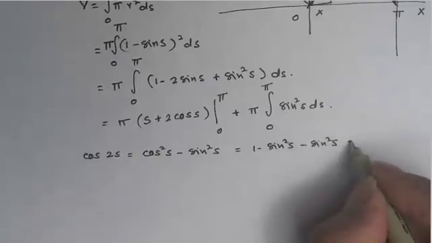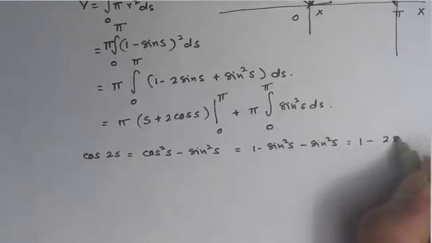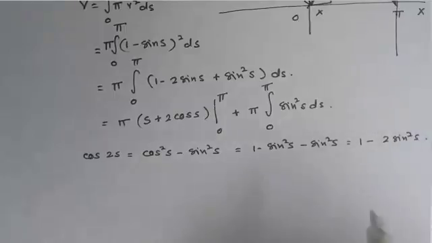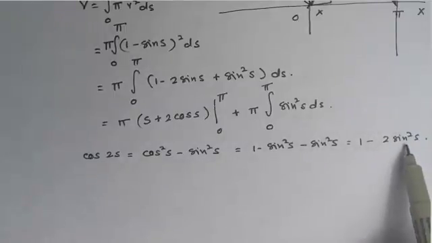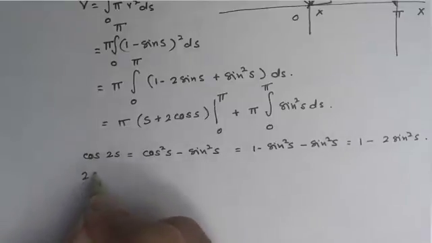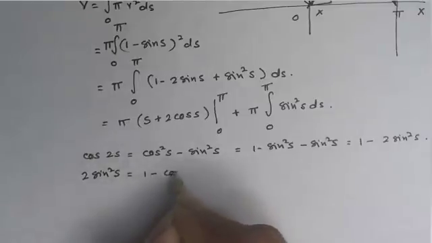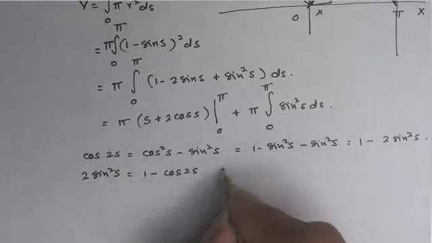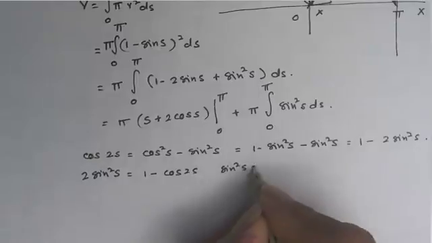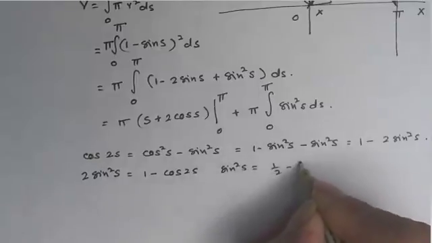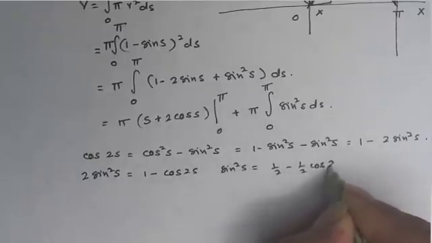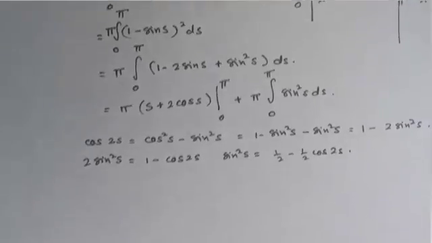So you get 1 minus 2 sine squared s. And now we just rearrange. We take the sine squared s term on this side, the cosine term on the other side. So 2 sine squared s equals 1 minus cosine 2s, or sine squared s equals half minus half cosine 2s.